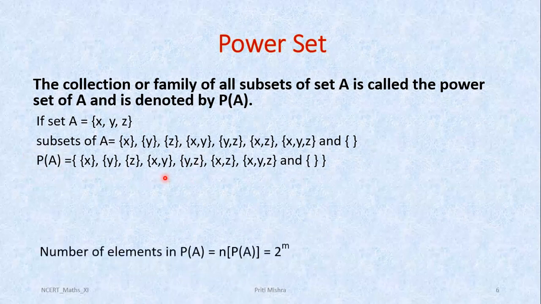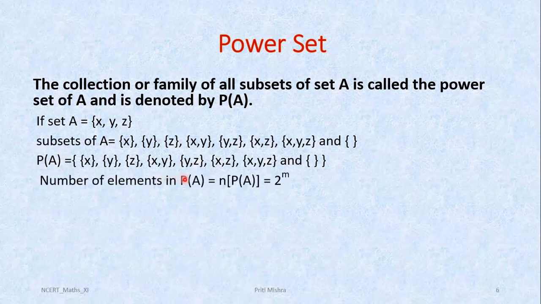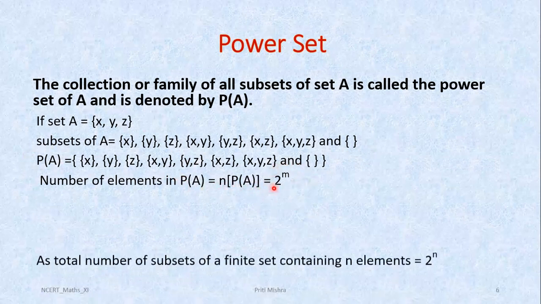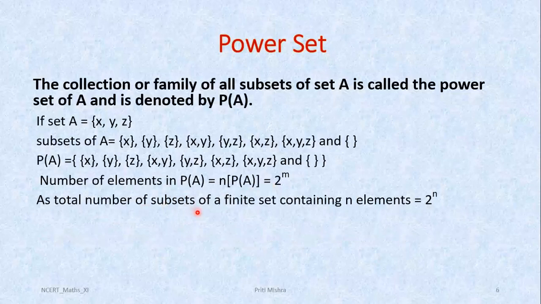This is the power set, and the number of elements in the power set, that is the cardinal number of P(A), n(P(A)), will be 2 to the power n, because the total number of subsets of a finite set containing n elements is equal to 2 to the power n. This can be proved with the help of the binomial theorem. That's why we have 2 to the power n elements in the power set.